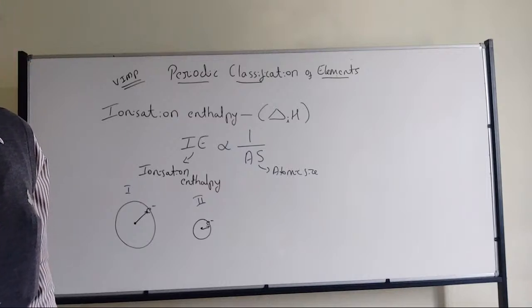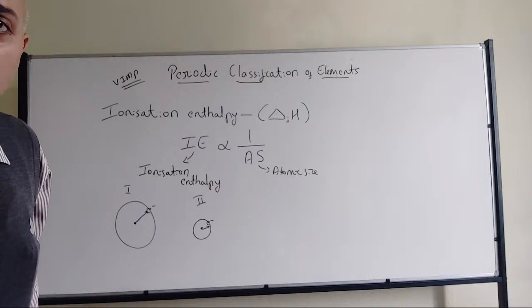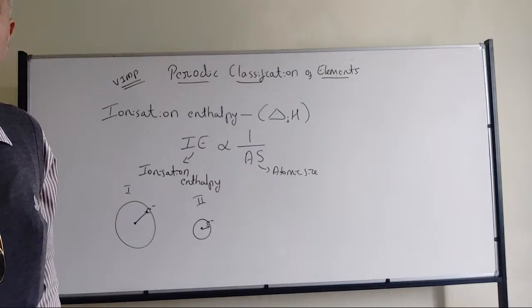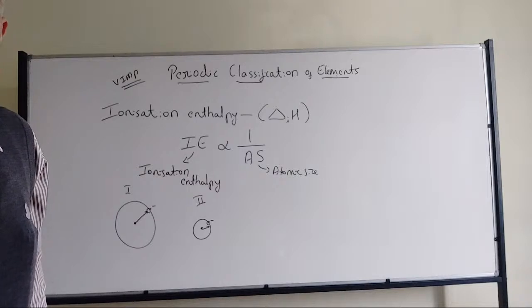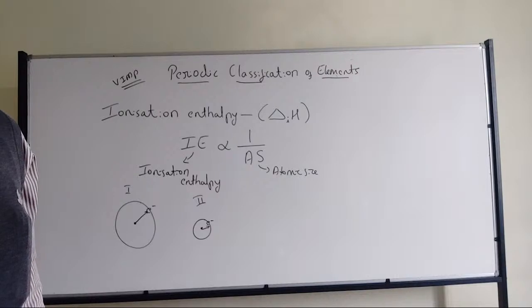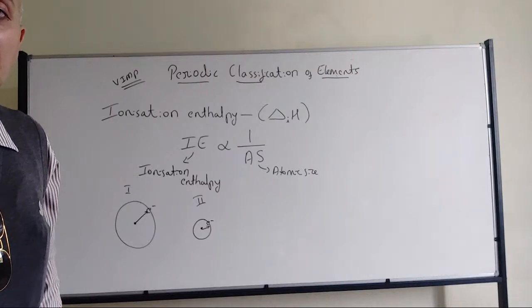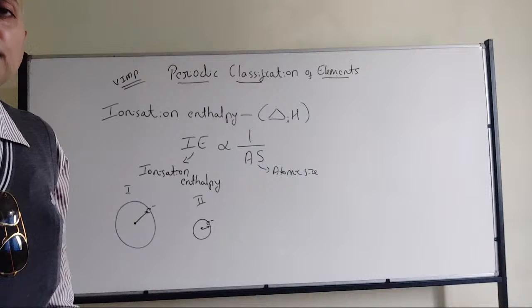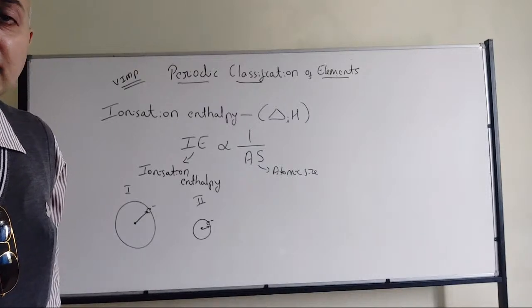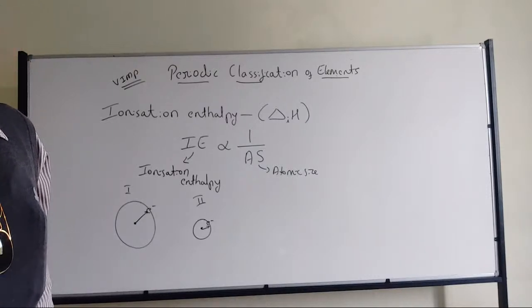Listen carefully. As the electrons are far from the nucleus, they will feel less nuclear force acting on them. But exactly opposite: as the electrons are near to the nucleus, they will feel more nuclear force acting on them.